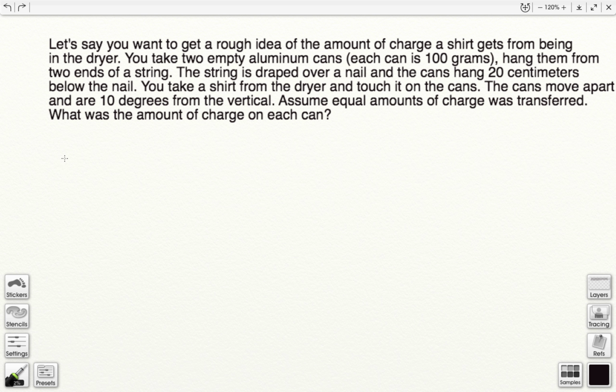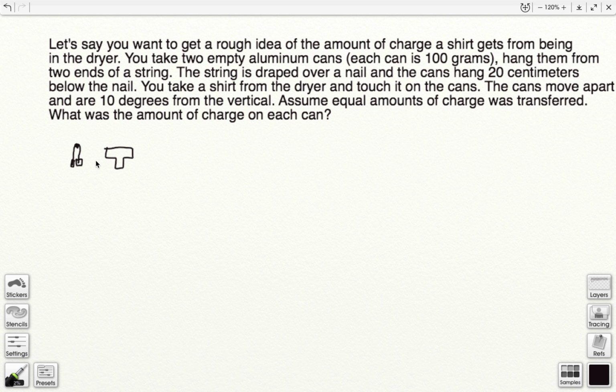Okay, so to set this up, we've got a nail, like in a wall, string hanging down, and we've got two soda cans hanging from the end of the string. And then we grab a shirt from the dryer that we forgot to put fabric softener in, so it's got some charge, and we just touch it to the cans.